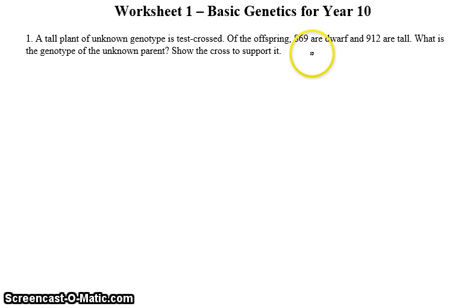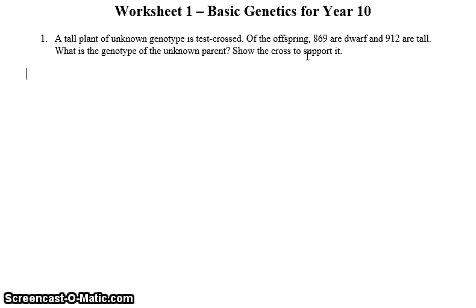So therefore, to show the cross to support this, I would first of all describe the parents. So the parent phenotype, in this case, we have got a tall plant, and you're going to cross it with a dwarf plant.